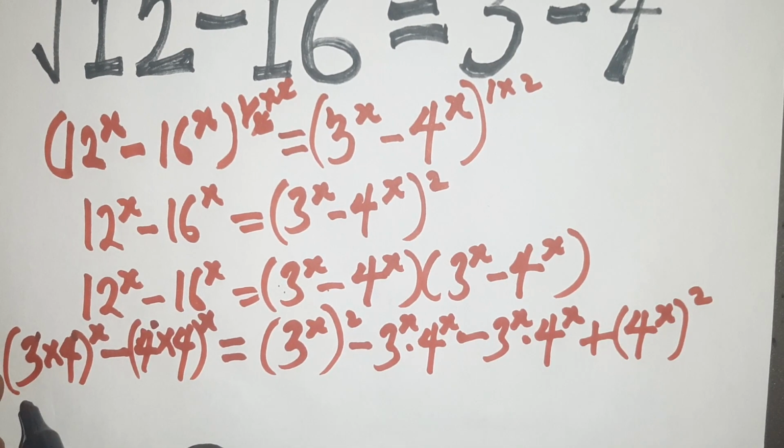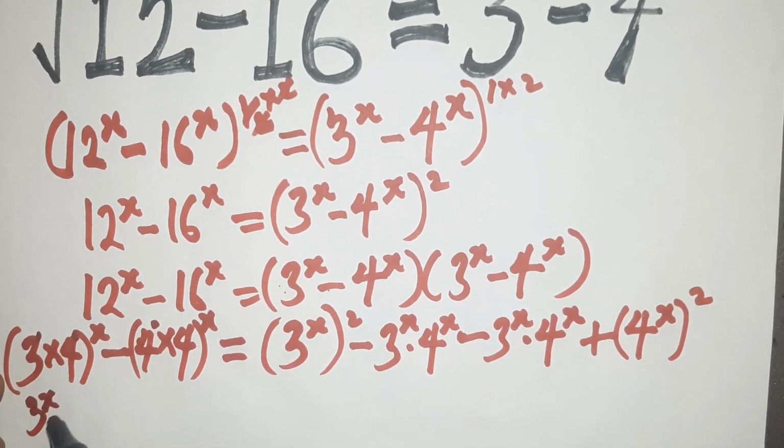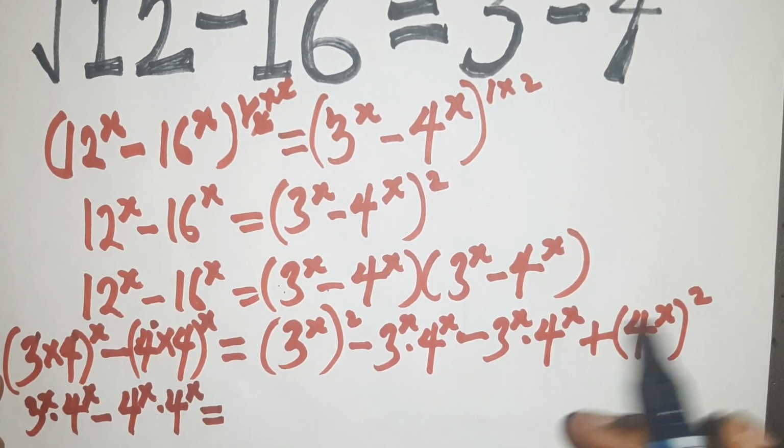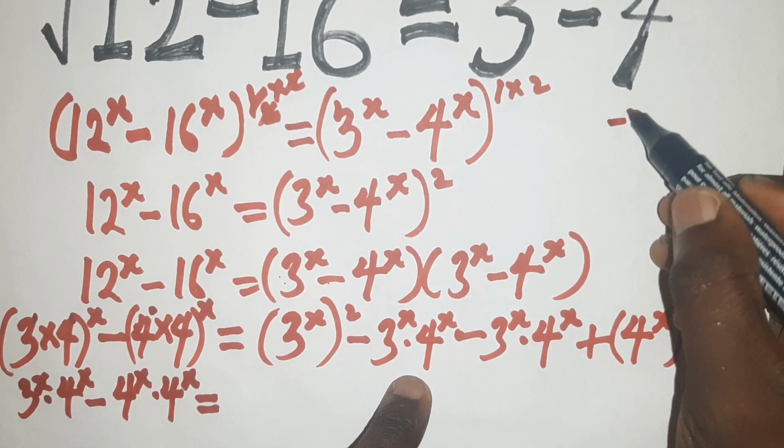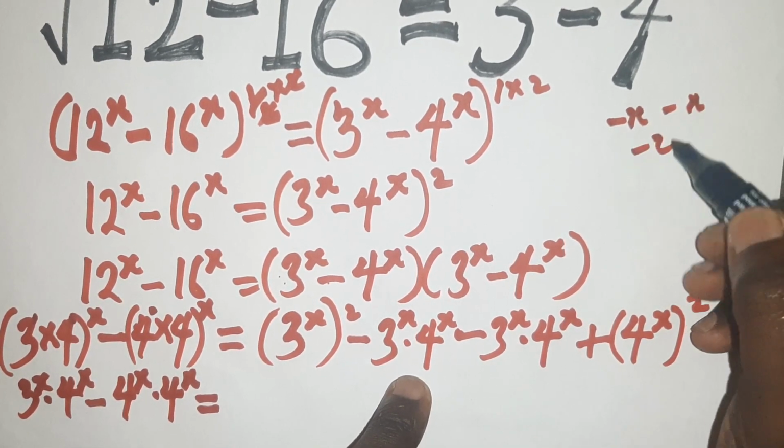Then write your 3. That's 3 raised to power x dot 4 raised to power x, minus the same thing here, 4 raised to power x dot 4 raised to power x, equals, here they are like terms. It's like having minus x minus x to give you minus 2x.